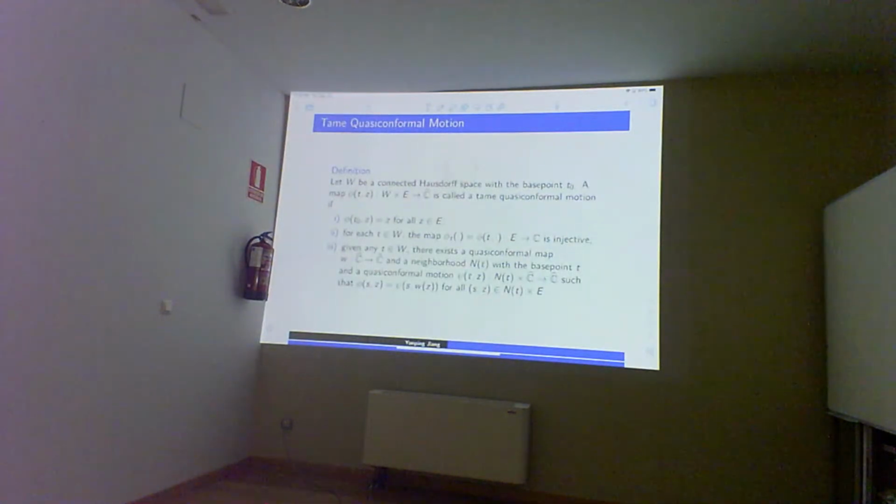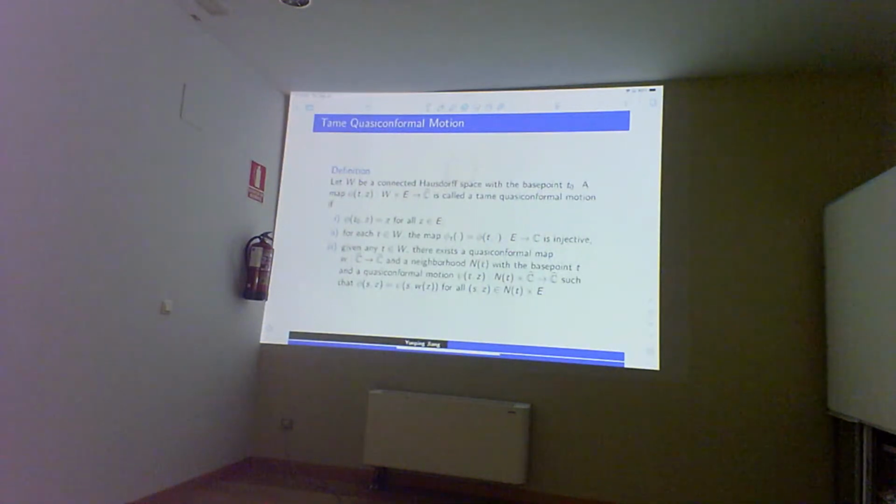Basically, that should hold at every accumulation point, limit point. That means for every t in W, there exists a quasi-conformal map from C hat to C hat, and a neighborhood on which this quasi-conformal motion looks like a global one given by a quasi-conformal map, right?